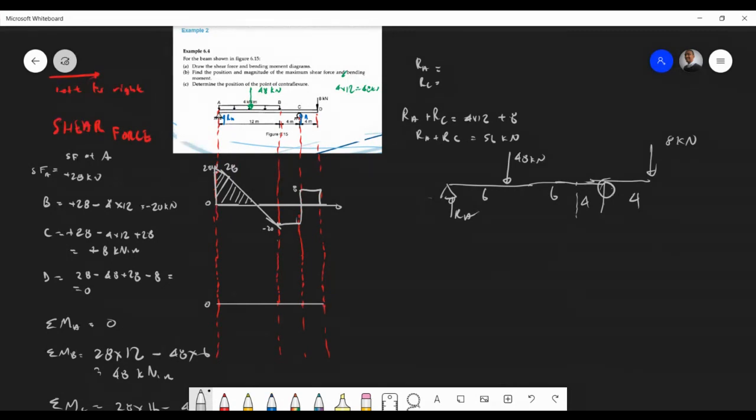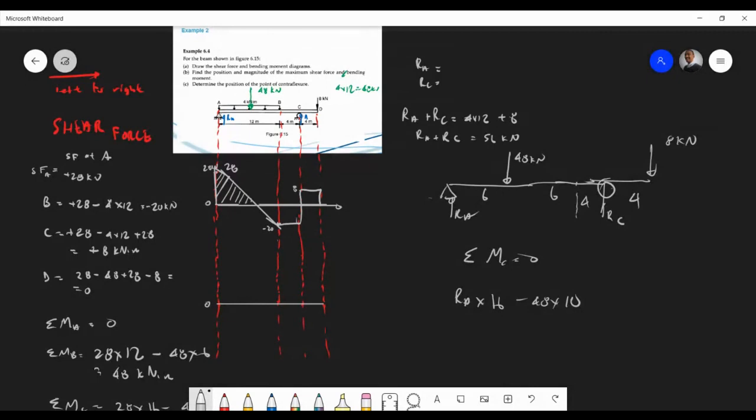RC. So taking moments about C, right? It's going to be RA times 12 plus 4, which is 16. And then we have taking moments of the 48 kilonewtons, that's 48 times 6 plus 4, that's 10, right?